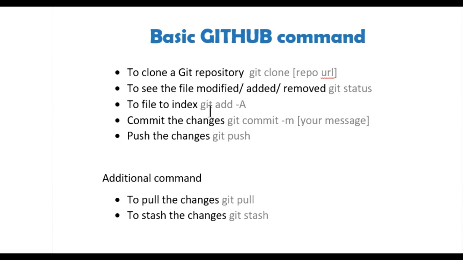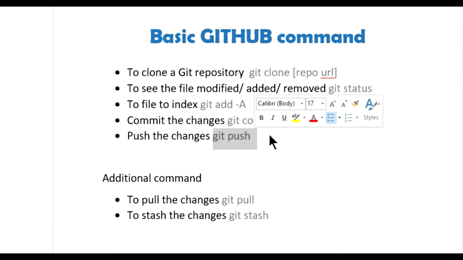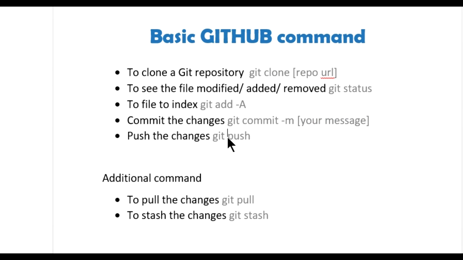Then do git add -A to put all the changes and the new files into the git index. Then you have to commit it by typing this command. Then you have to do git push in order to push your changes to the cloud.